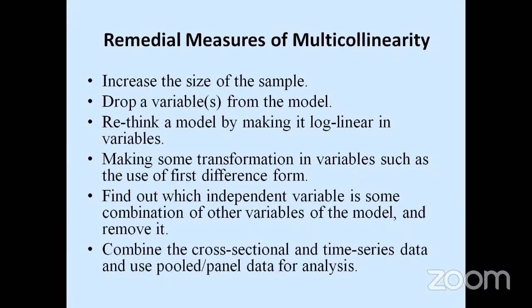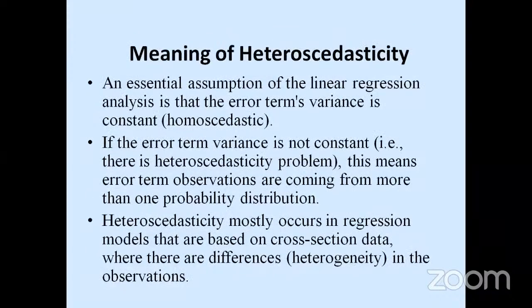When we do the research, we will come to know which variable can be removed or added, and that can act as a catalyst to remove the multicollinearity. So these are the remedial measures we can follow to reduce multicollinearity.